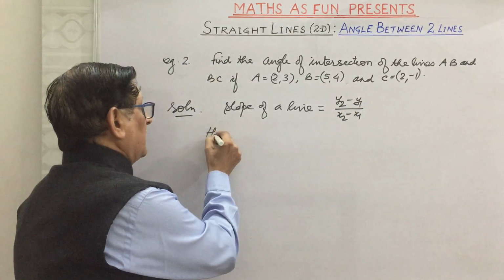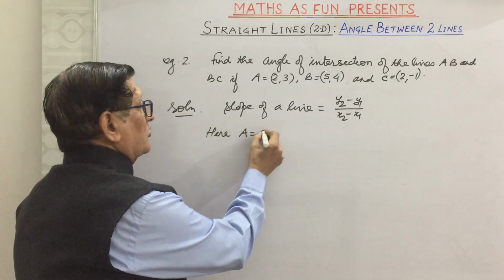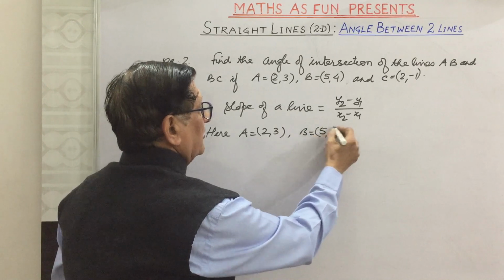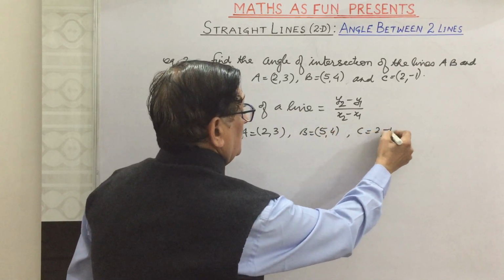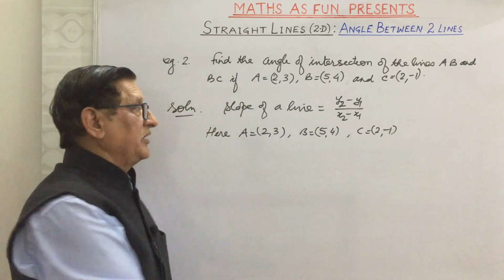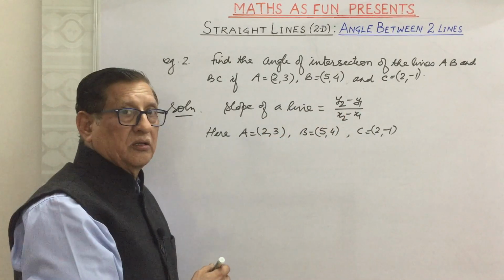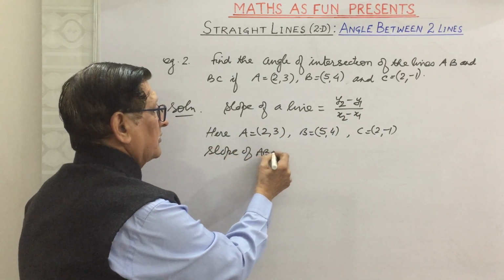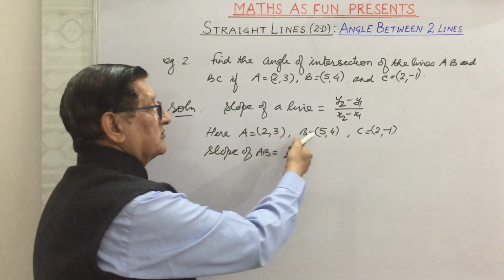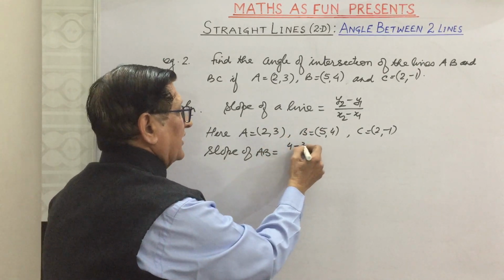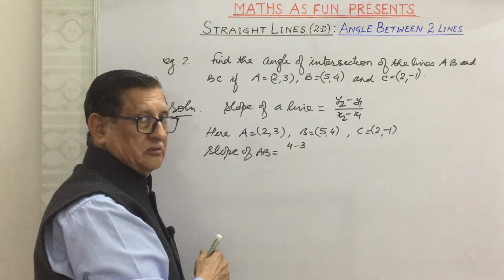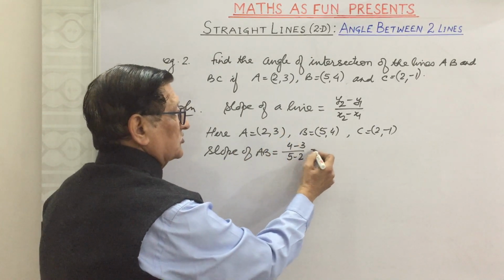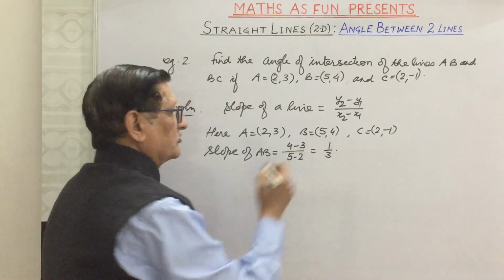Here we are given the points A equal to (2, 3), B is (5, 4) and C is (2, -1). By using this particular formula, we can find out the slope of AB, that is 4 minus 3, y2 minus y1 upon x2 minus x1, that is 5 minus 2. So it comes as 1 upon 3.